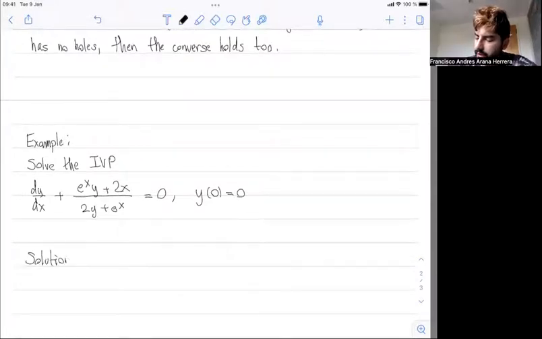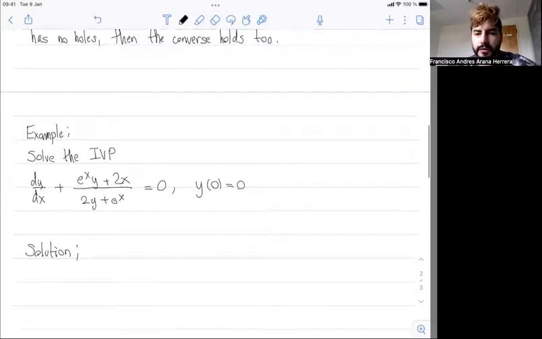You can see that this is quite a complicated ODE, and it seems kind of hard, at least by looking at it, to try to solve it with any of the methods that we've discussed up until now, because it doesn't seem easy to separate, it doesn't look linear, etc. So it's sort of complicated in that sense. But we're going to see that using this idea from Euler, we can find an integral and then solve this ODE. So let's see how to do it.